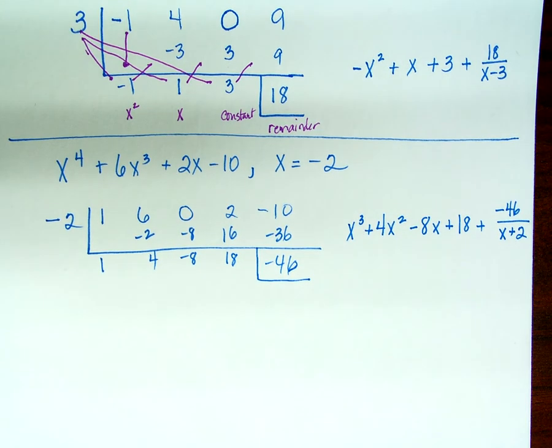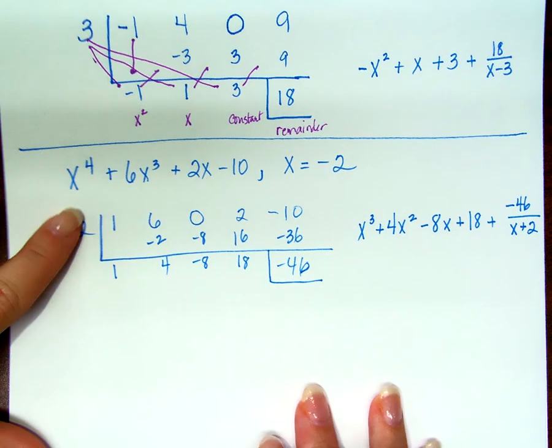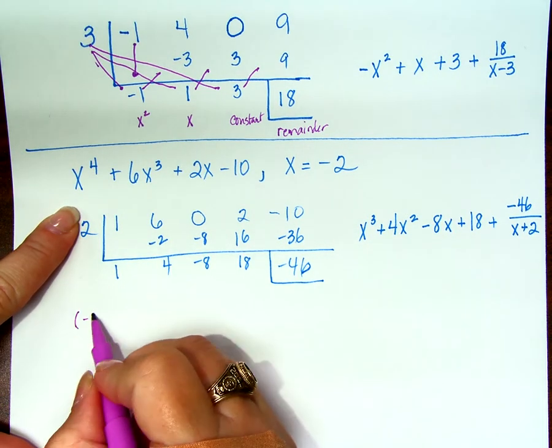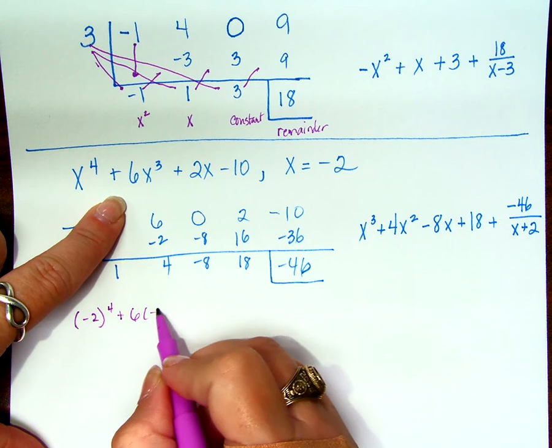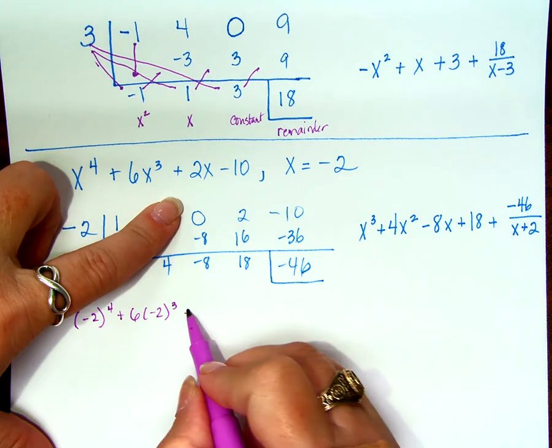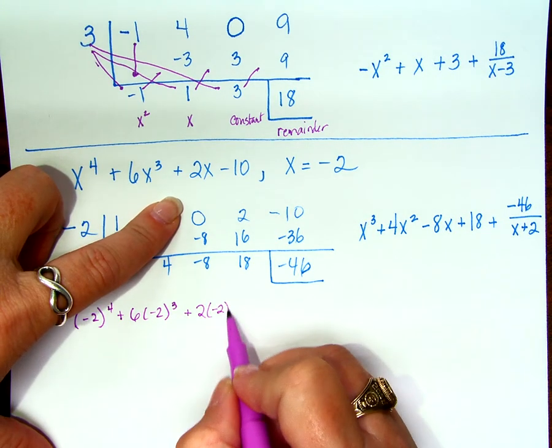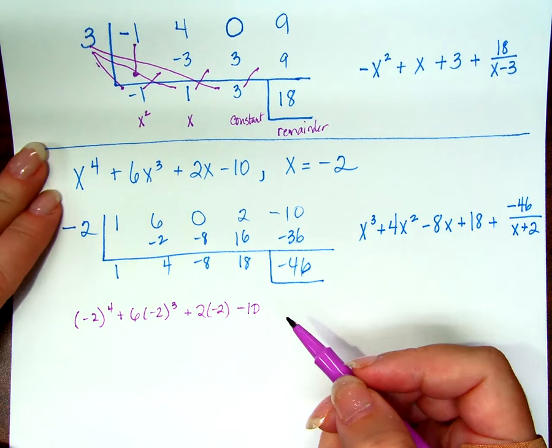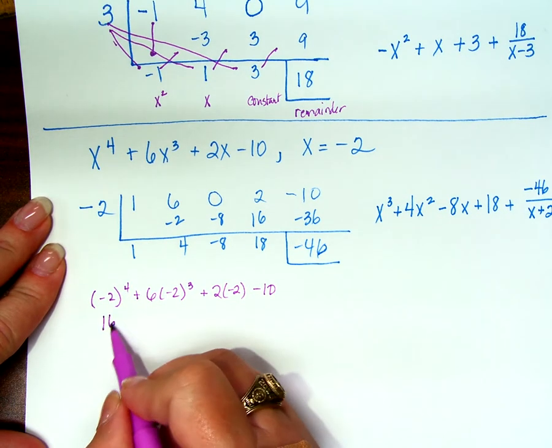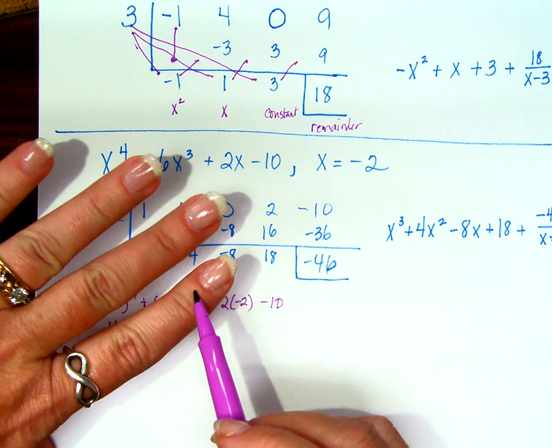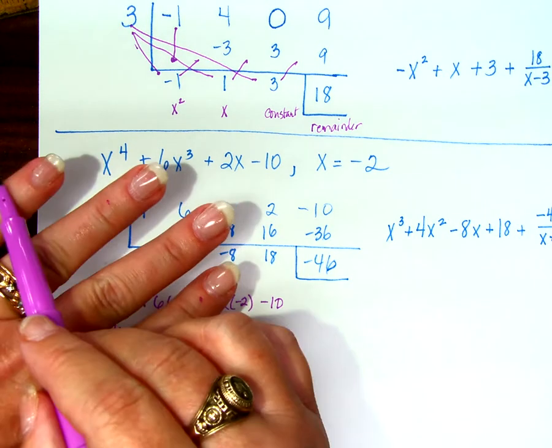Can I show you something math cool about this? Negative 2 to the 4th power plus 6 times negative 2 to the 3rd power plus 2 times negative 2 minus 10. Negative 2 to the 4th power is 16, right? Because I've got negative 2 times negative 2 times negative 2 times negative 2.